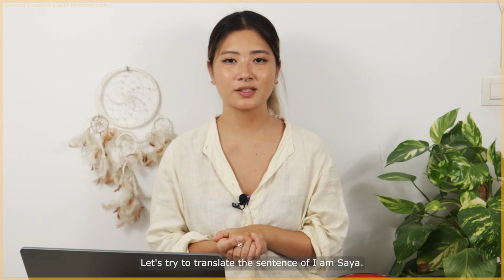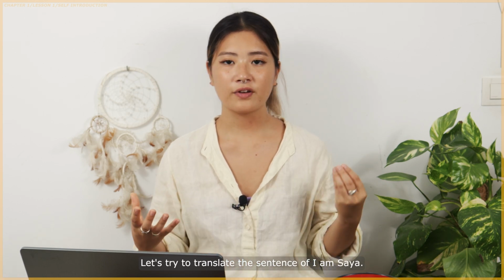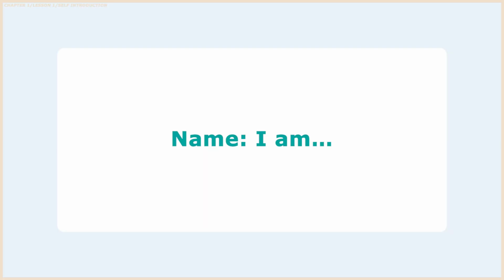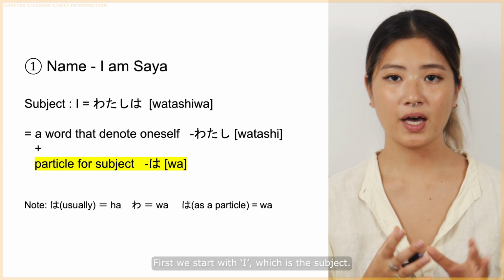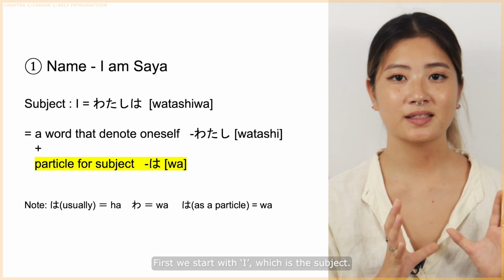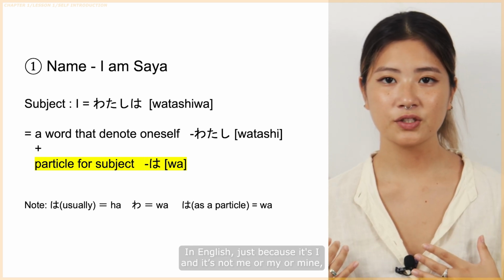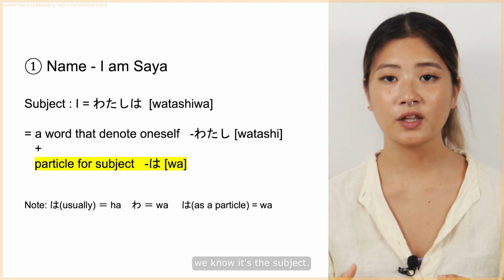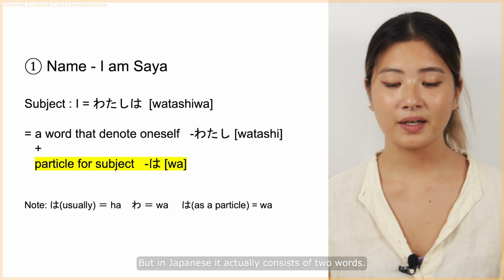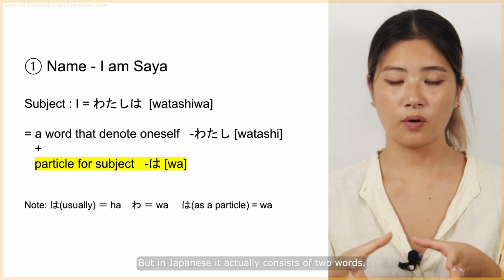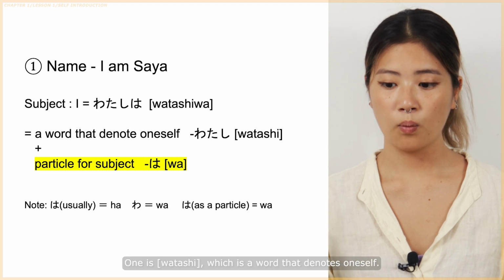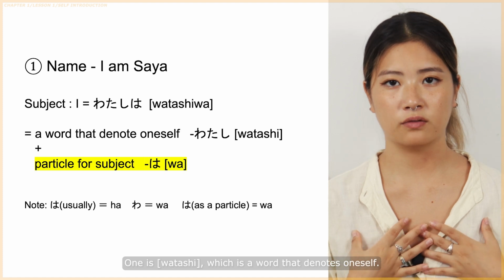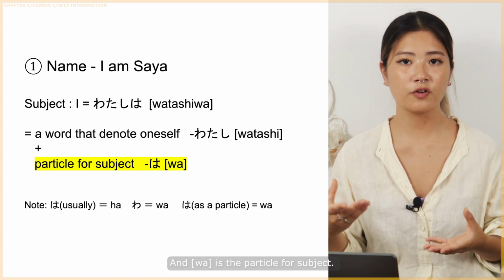Let's try to translate the sentence "I am Saya." First we start with "I," which is the subject. In English, just because it's "I" and not "me," "my," or "mine," we know it's the subject. But in Japanese, it actually consists of two words. One is watashi, which is a word that denotes oneself. Wa is the particle for subject.